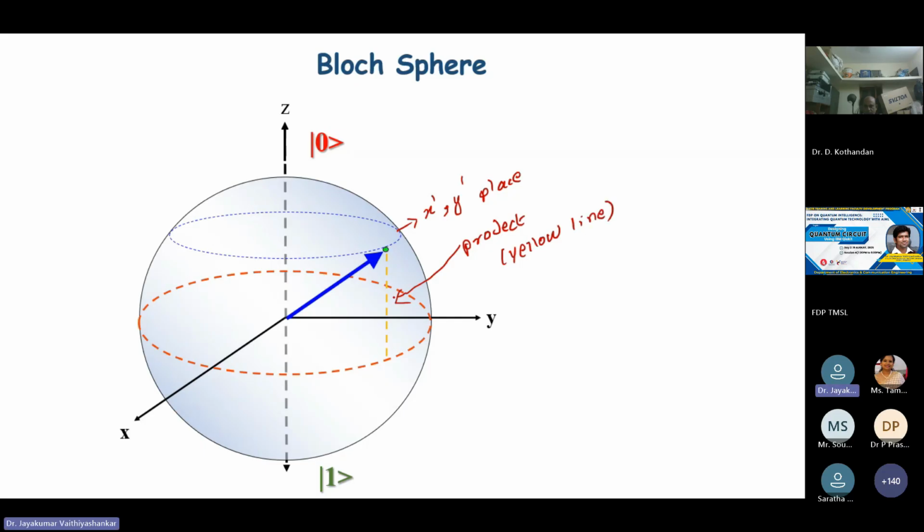So this will exactly intersect with this xy plane. So imagine this is the xy plane. So this will have some intersection point.